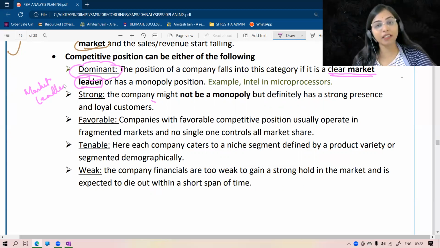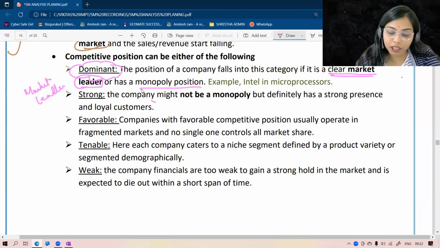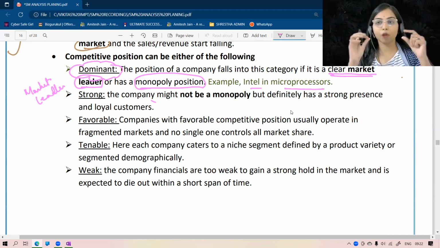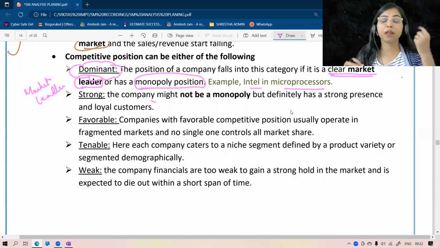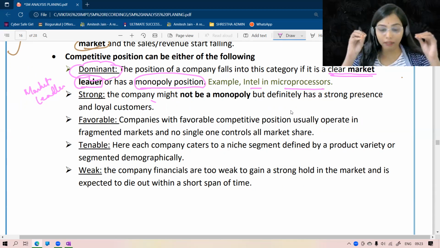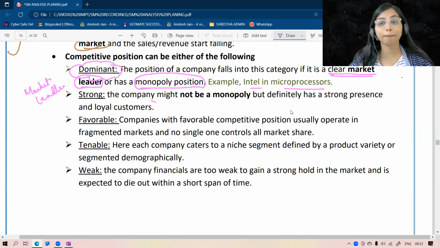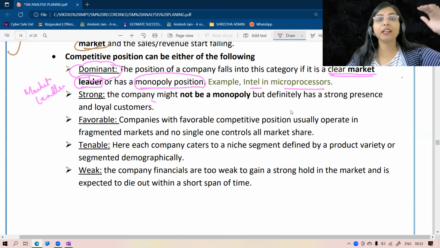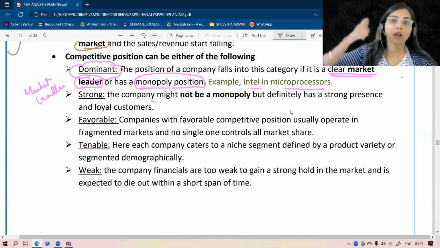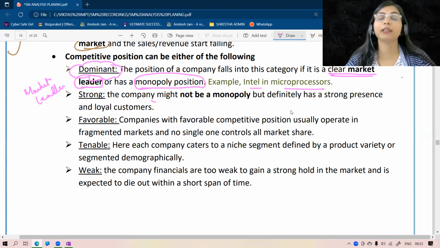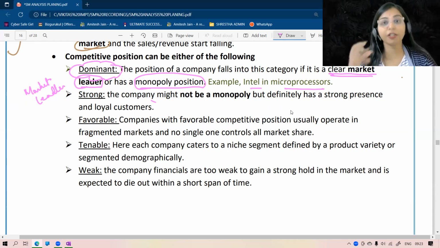If it is a market leader and it has a monopolistic position, there is no one except that particular company. Like Intel in microprocessors, the small chips which we have in the laptops and our systems, PCs. Intel is one of the beautiful companies that has been in a dominant position for a long time. There is no one overcoming Intel, or no substitute to Intel for now.